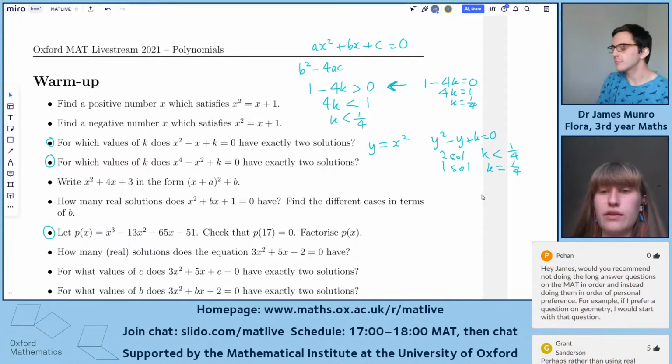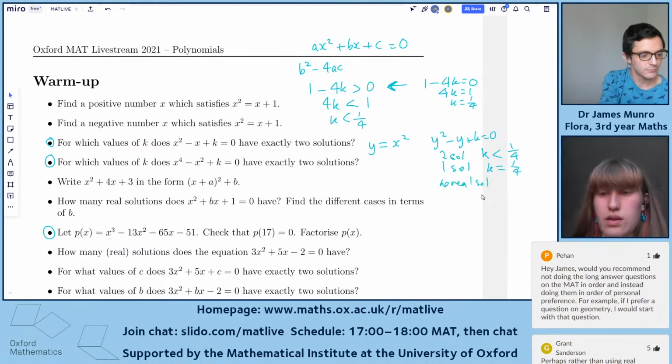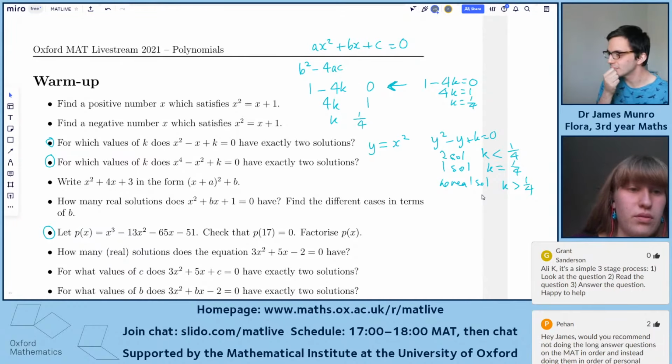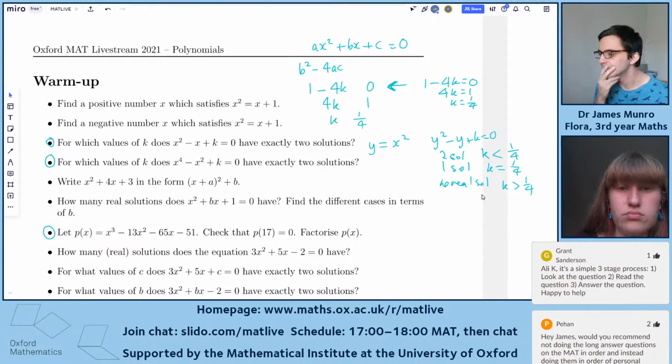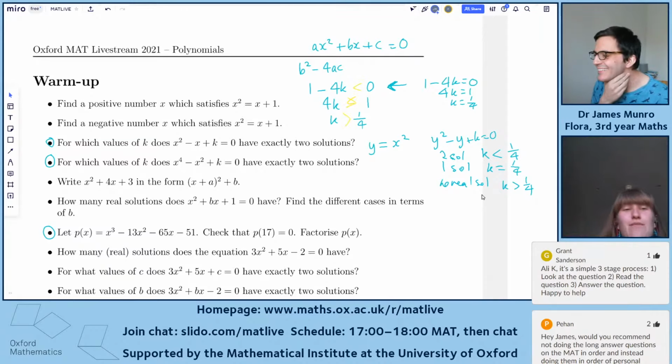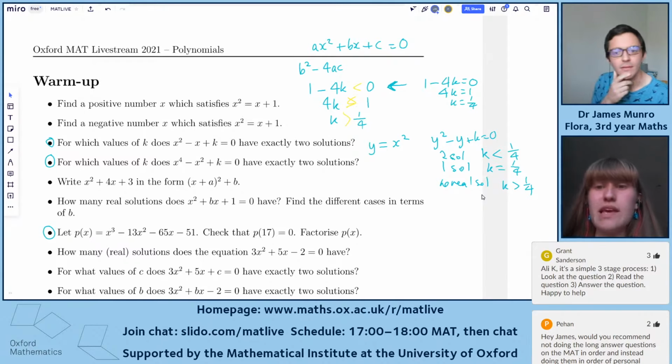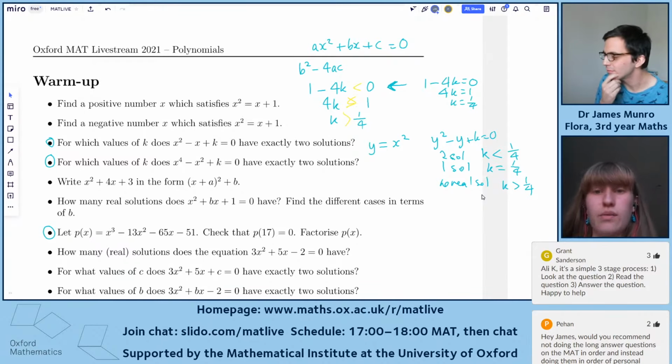And then funnily enough, for no real solutions, you would have k greater than a quarter, because we would simply swap the order of these. Except here, we're not just thinking about y, we're thinking about x.